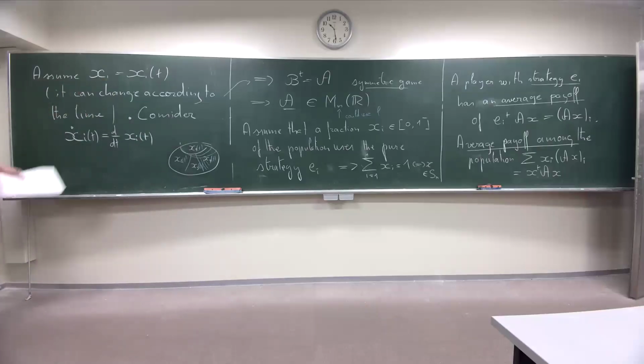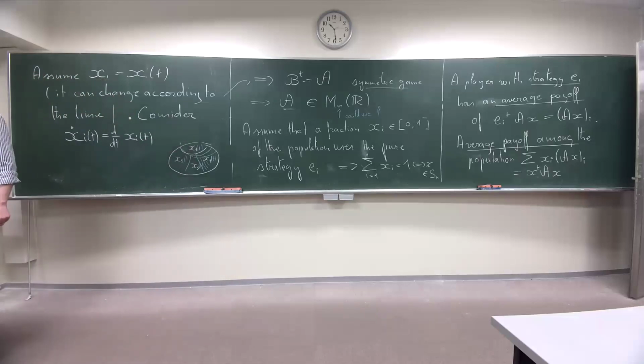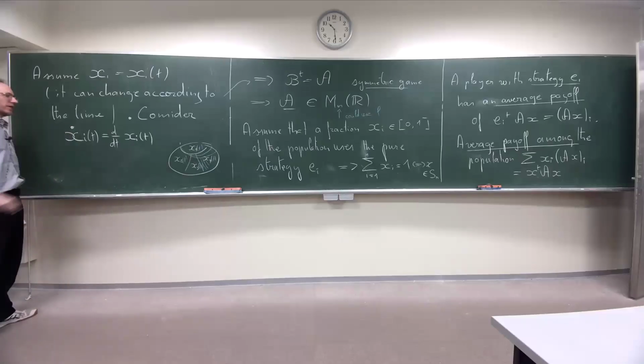Of course, it means this function is differentiable, but in order to justify this differentiability, I need the set of individuals to be infinite or to have densities. I cannot have just 25% because if I have 25%, it won't be differentiable. So it's an assumption. The derivative exists.